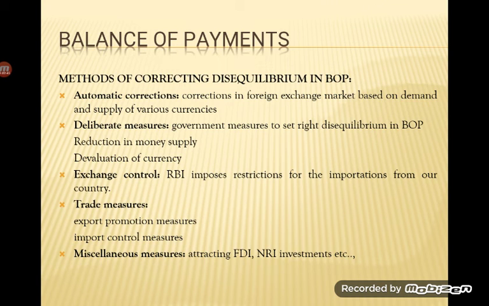So under this deliberate measure, the Reserve Bank of India, or the central bank of the country, is asked to reduce the money supply in the economy. RBI may adopt various methodologies, either bank rate policy, open market operations, or CRR, whichever technique is more effective. Changing the CRR, the cash reserve ratio, is one methodology through which they are going to reduce the money supply in the economy. So that is one of the deliberate measures.